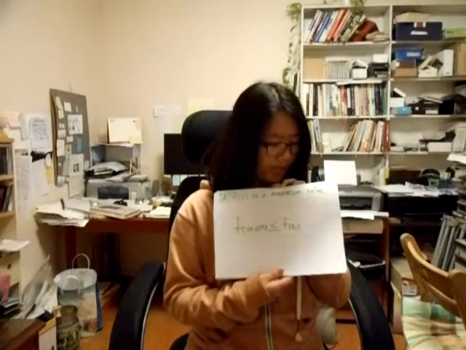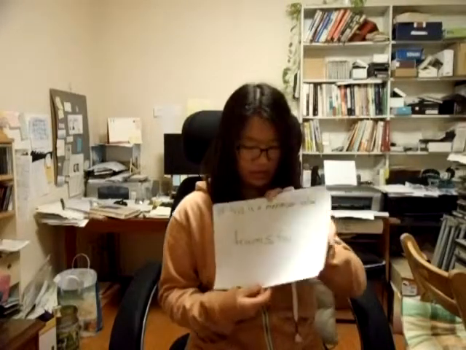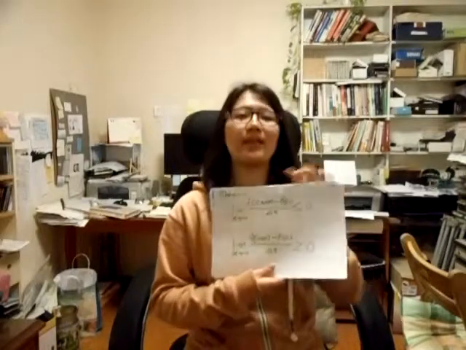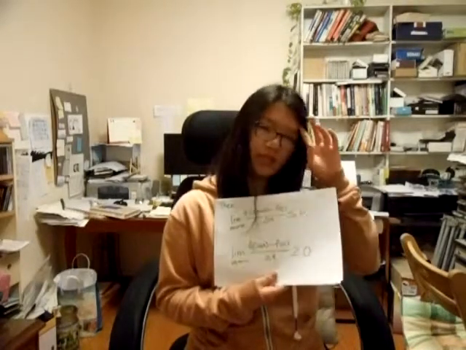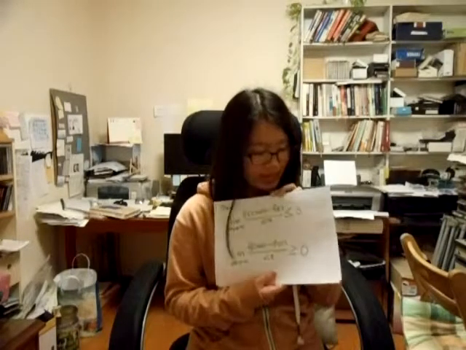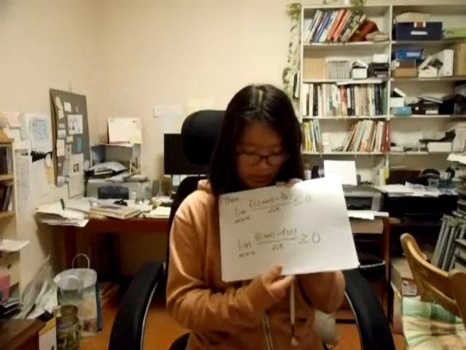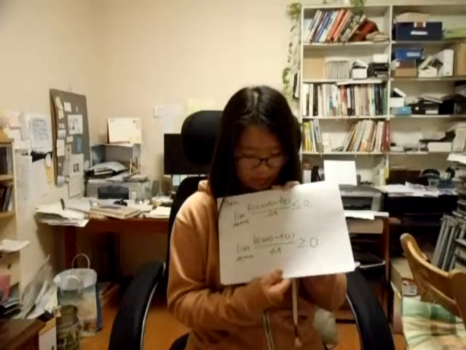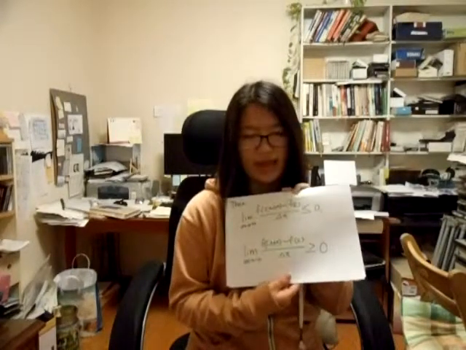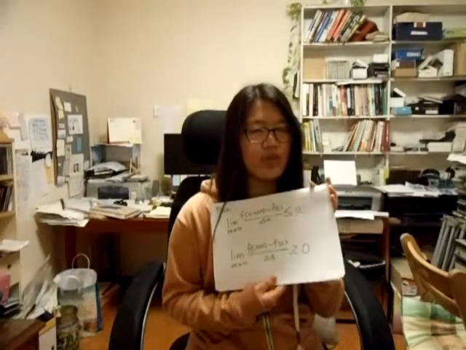First, if f(c) is a maximum value, f(c + delta x) is less than or equal to f(c). So the limit of (f(c + delta x) - f(c)) over delta x as delta x approaches 0 from the right side is less than or equal to 0, and the limit of (f(c + delta x) - f(c)) over delta x as delta x approaches 0 from the left side is greater than or equal to 0.